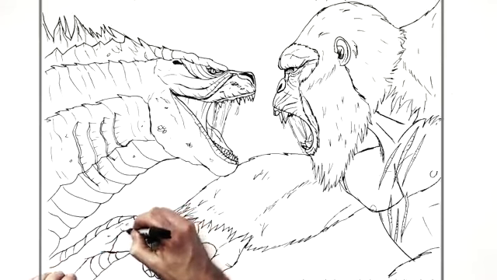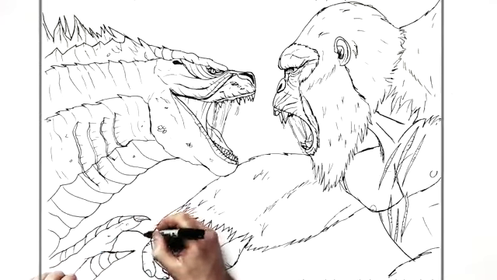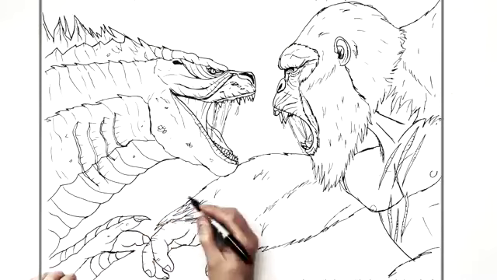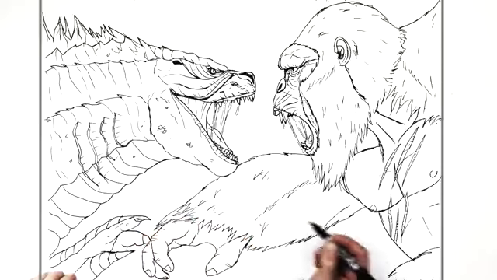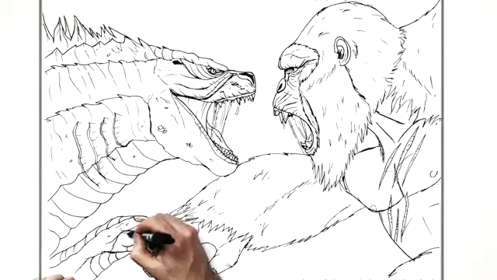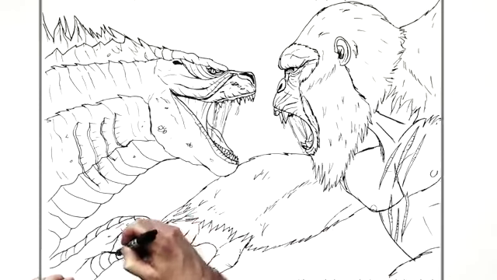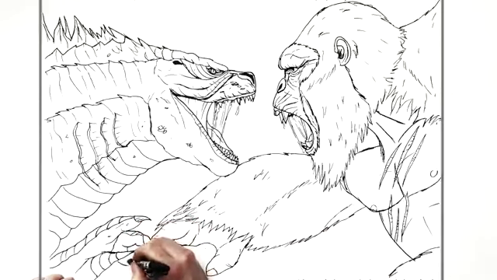And then maybe another finger coming down here. It goes behind Kong's hand. So this is a finger back there. More armored lines on the top of that finger. And then another finger sticking down here. His little finger, I suppose, even though it's probably the size of a house.